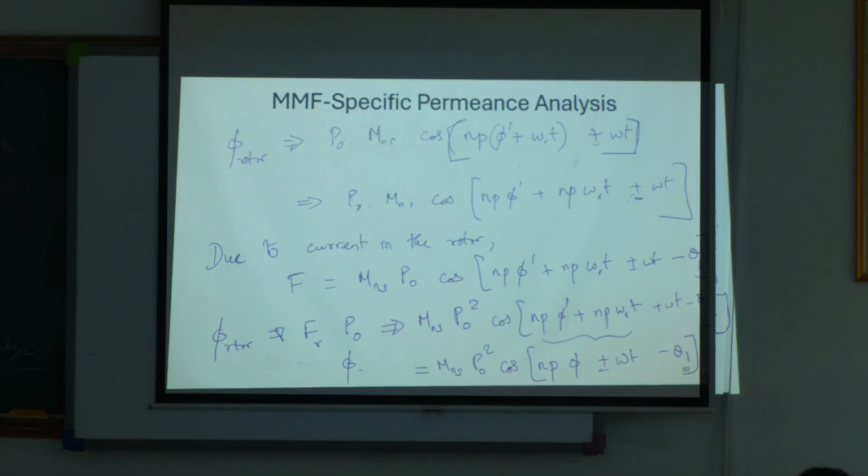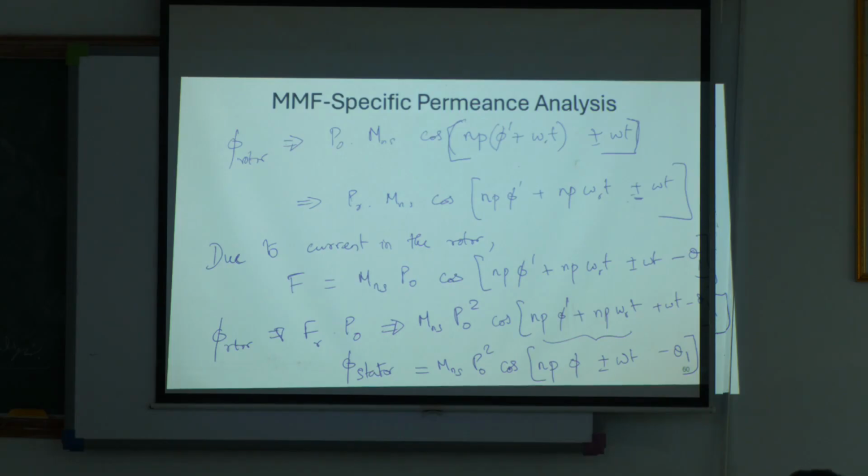So this is in the stator frame of reference. Do you understand the flow? You start from stator, multiply with the permeance function, get the flux density, introduce the currents in the rotor, then the rotor MMF will again interact with the same air gap, will introduce its own flux components, and that, when looked at from the stator reference frame, will be like this.